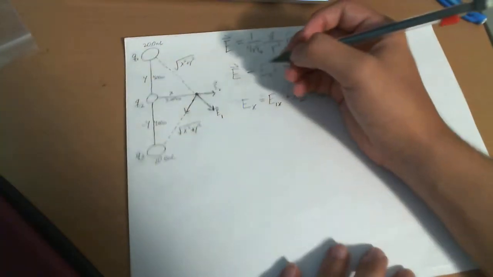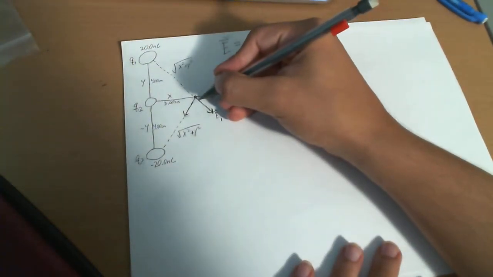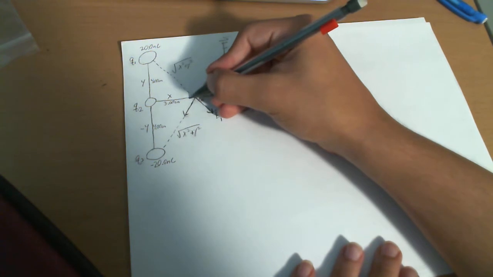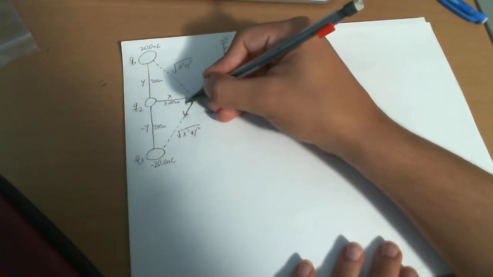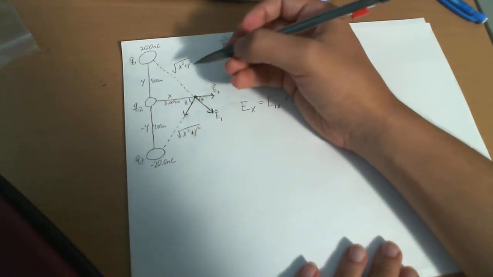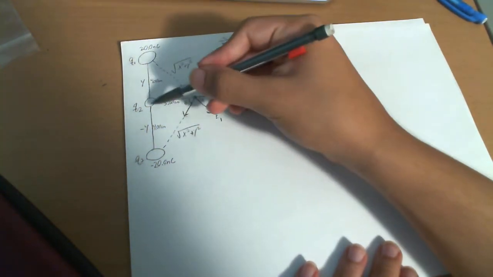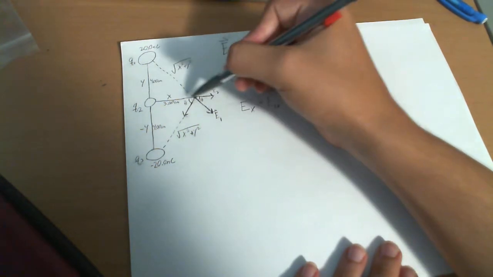Now notice that this angle over here, angle theta, is equal to this angle here, angle theta. And why is that? Well, these are essentially the same triangles over here.